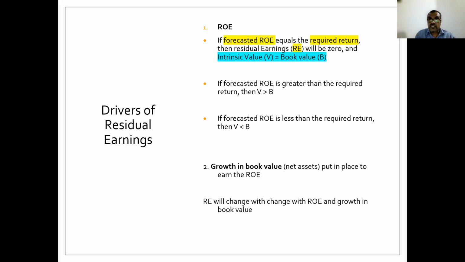If this expected return is matched with the actual or forecasted possible returns on equity, that excess is the residual earnings. Assume that the expected rate of return is 20%.